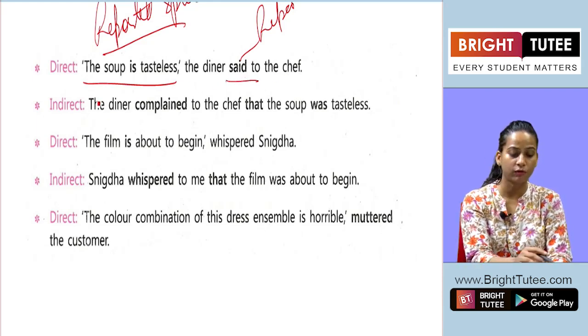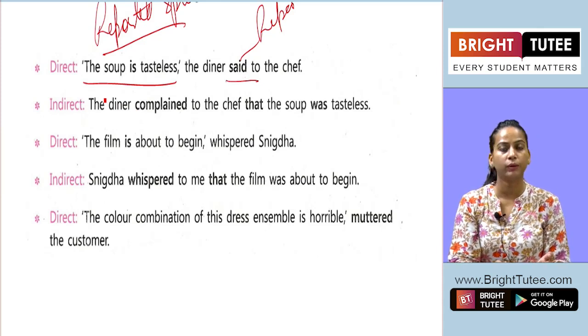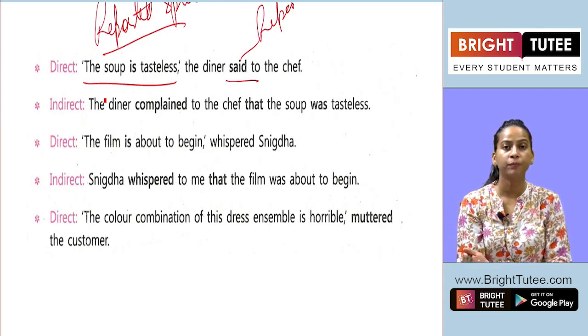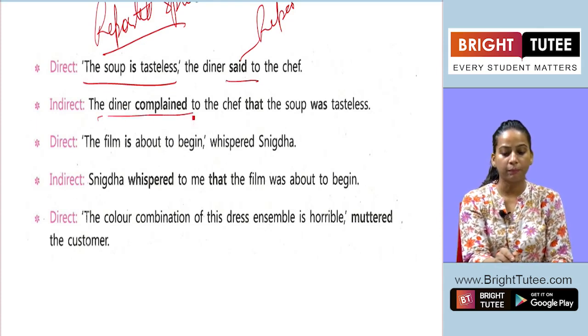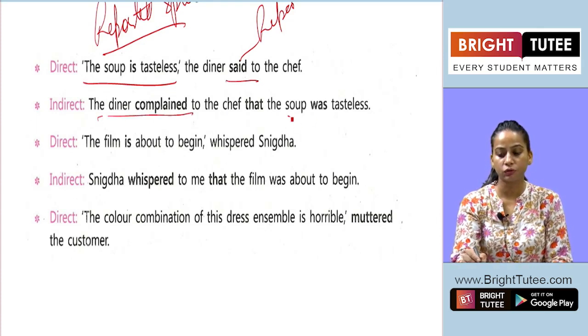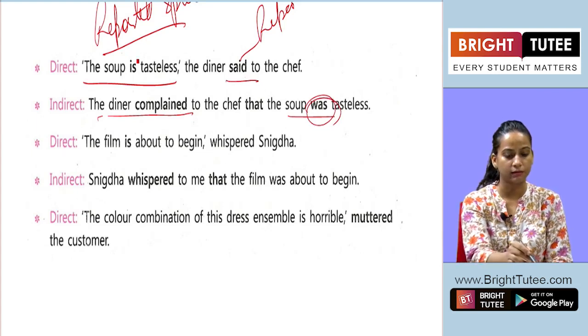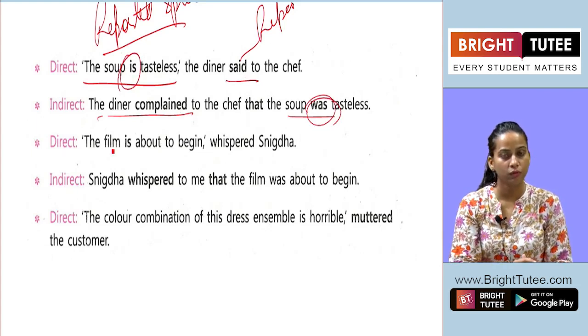Then when we are converting it into indirect one, at that time we have to use the reporting verb in the beginning. The diner complained to the chef that the soup was tasteless. That present tense will change into past.